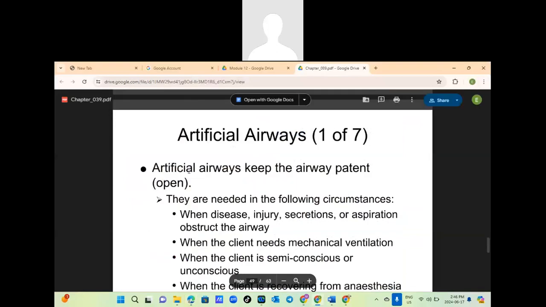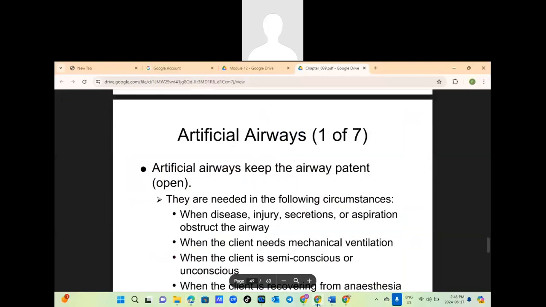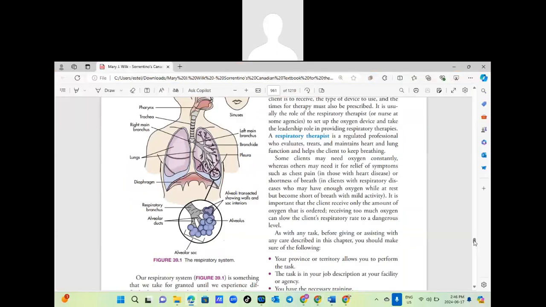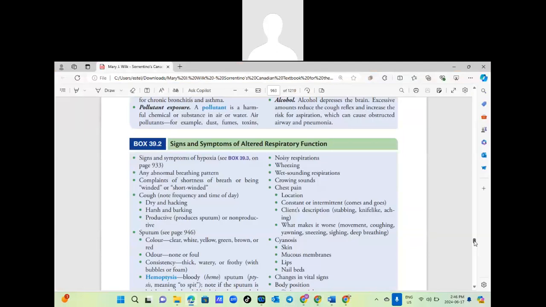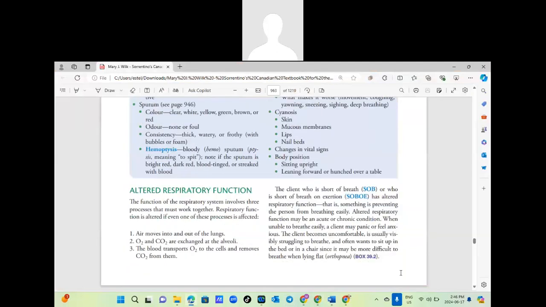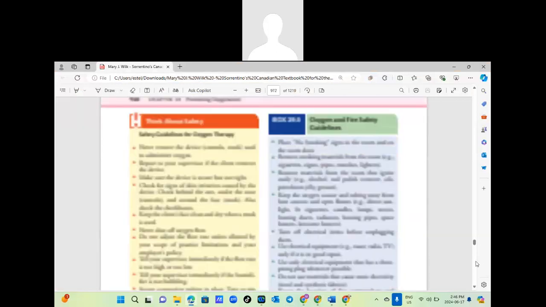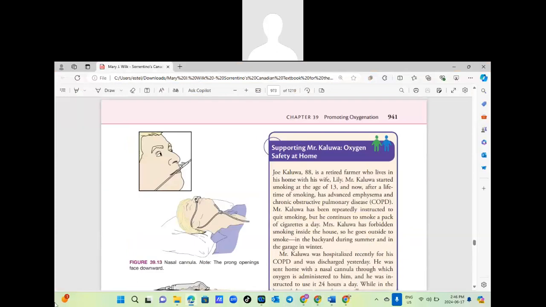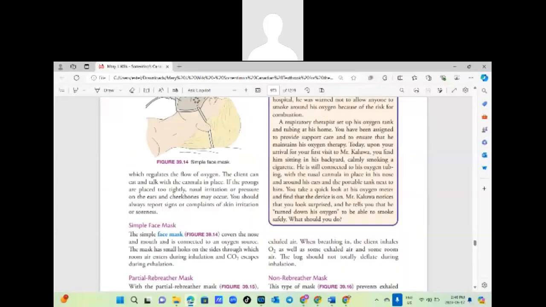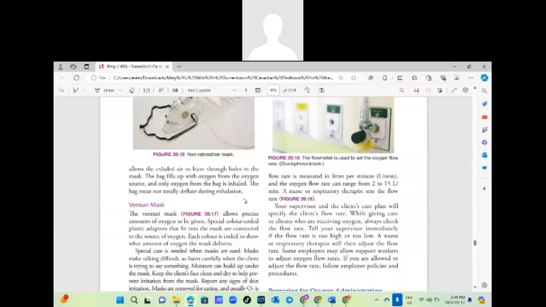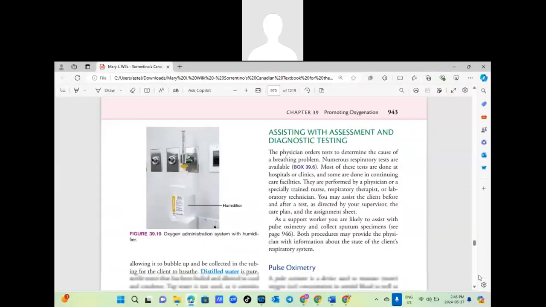All right, let's continue. All right, so hold on. That's thoracentesis, right? Respiratory. You did that. Also explain that one, the different masks we did.